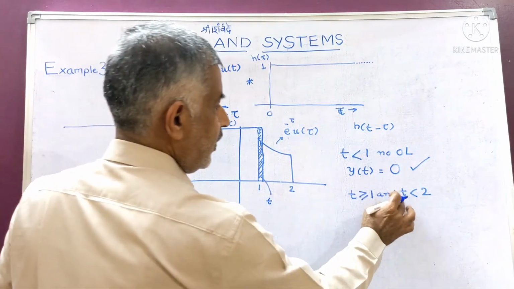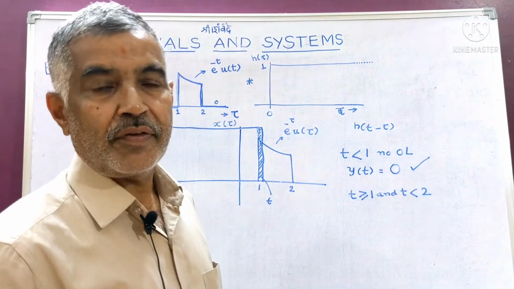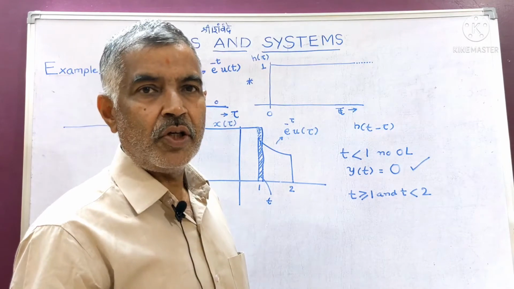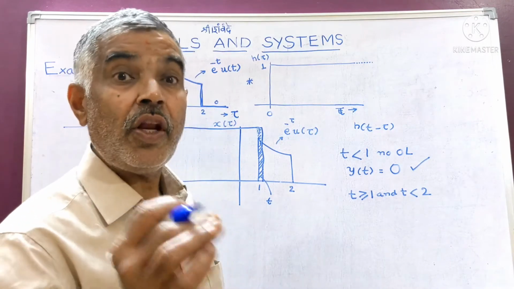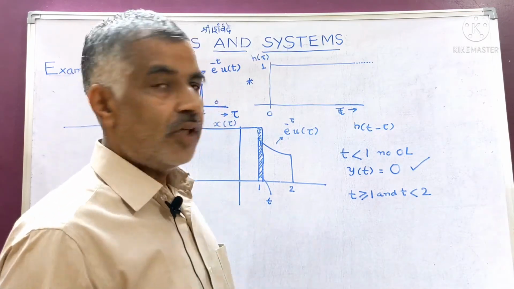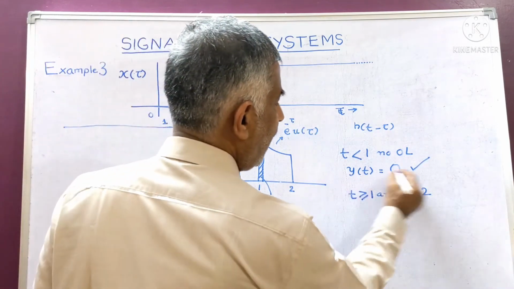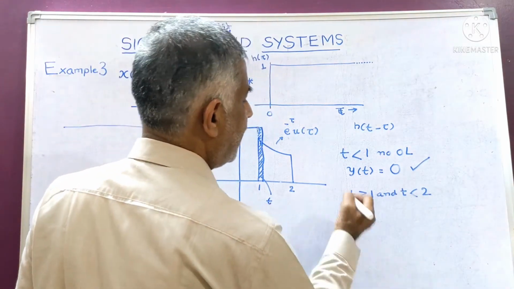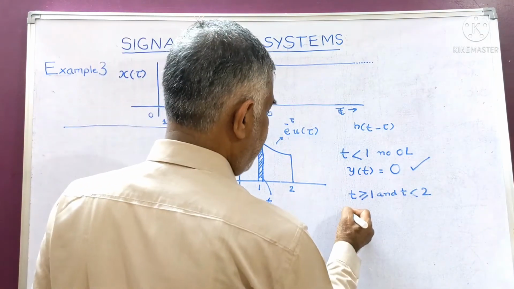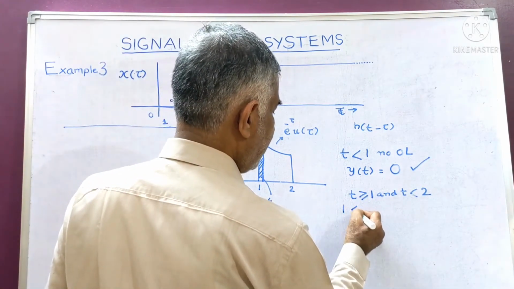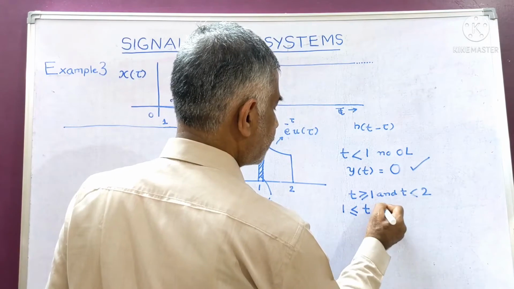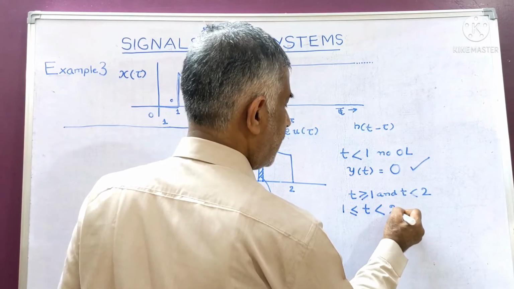So this is what is called the interval. In the examination, you have marks for the interval also, not only for the y of t answer. Therefore, I will combine these two and write the range. The range is 1 less than or equal to t less than 2.